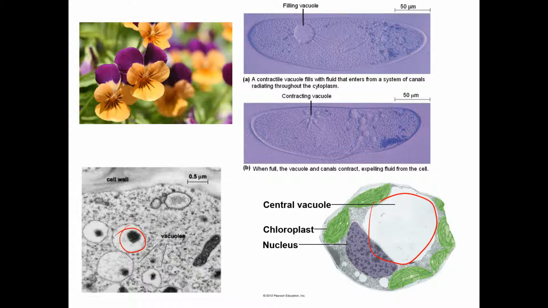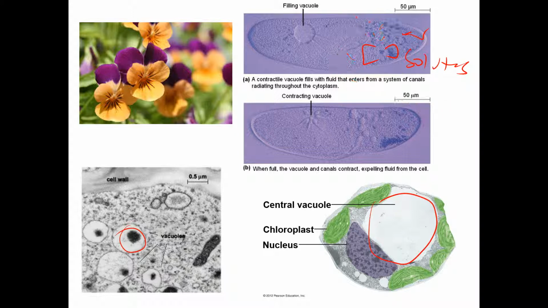And here you have a little paramecium. Notice here you have this vacuole. That's a contractile vacuole. This little paramecium is swimming around in pond water, so that means the internal constituents of the cell have a higher concentration of solutes, so there's less water. So water rushes into the cell.